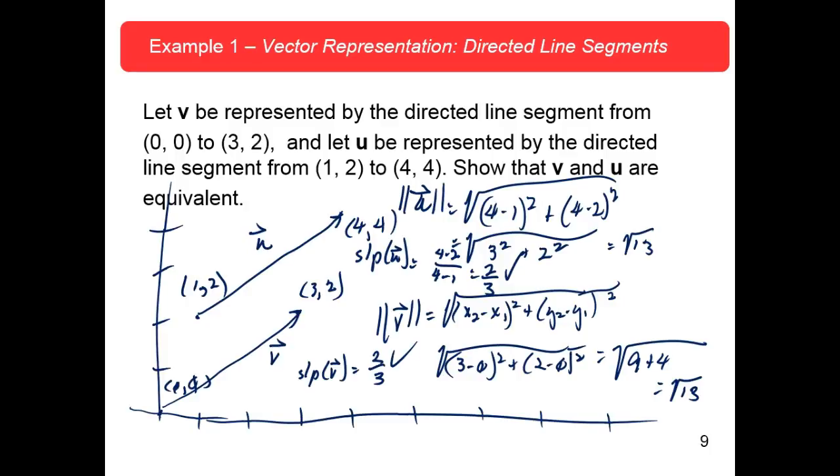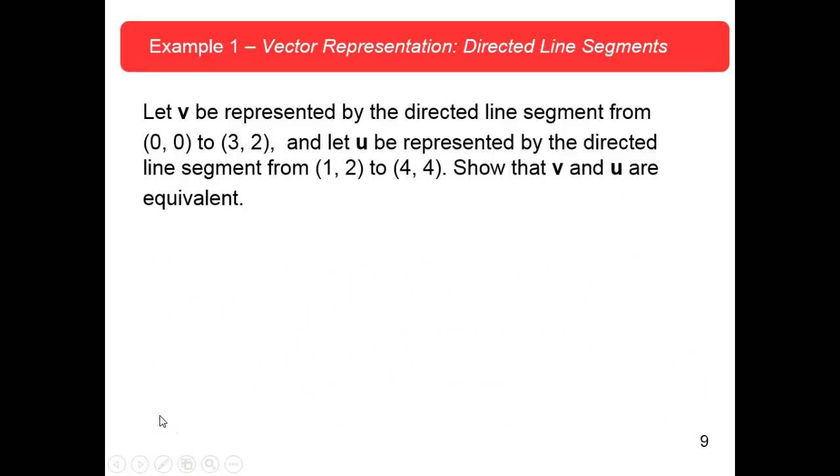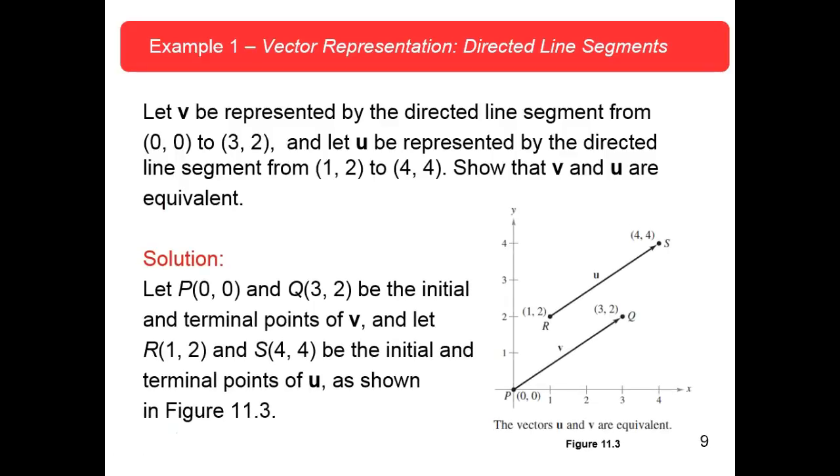So tangent alpha, that's actually the better way to go, which is exactly that. It's the rise over run. Okay? So they actually, without having told us this, they used the distance formula just like we did, and then they did the slope just like we did. And since they have identical magnitudes and identical slopes, they have to be equivalent vectors. Okay, so let's clear this and see how they did it, which I think is identically the way we did it.